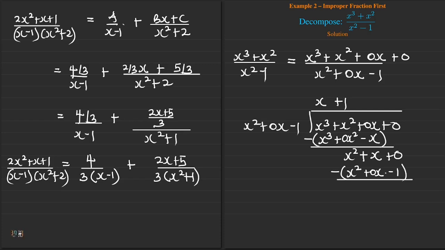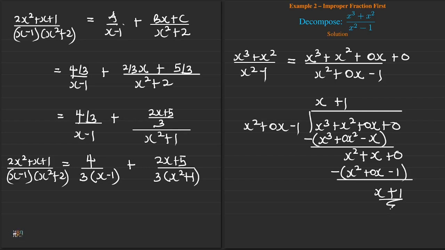You see, these 0x's and all that, they are just placeholders. They would help you so that you don't get confused. So 0 minus negative 1 gives us a 1. Then x minus 0x would give us what? An x. Then we have x squared minus x squared. They vanish. And this is what we have.